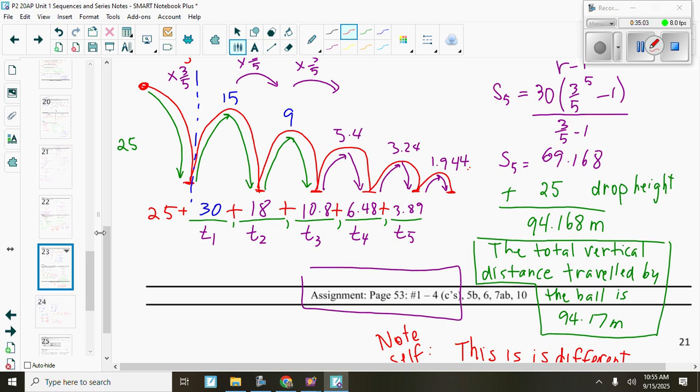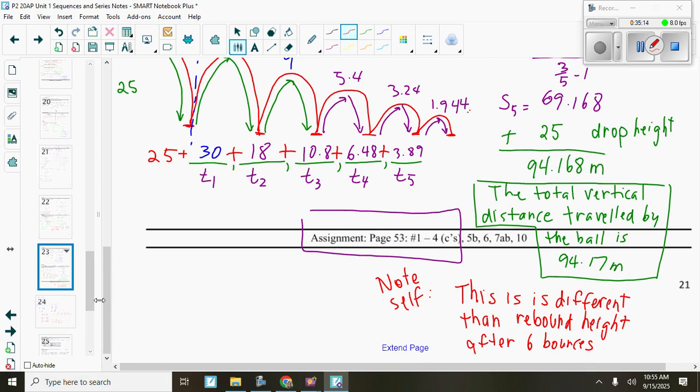How come last time we did it from 7? That's a great question. If it wanted the rebound height after 6 bounces, you'd need term 7. That's why this is different. This one just wants the total distance traveled once it has bounced the 6 times, so it's not wanting that extra little bit.